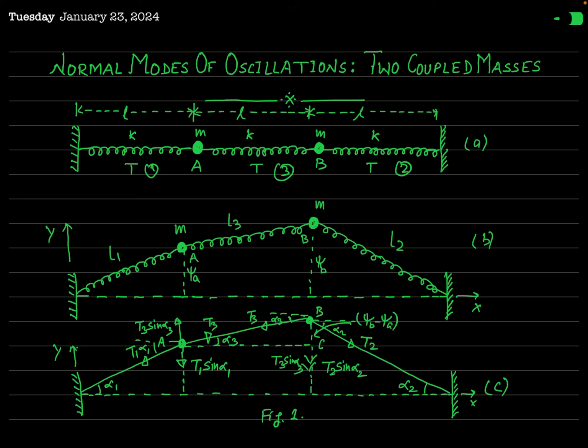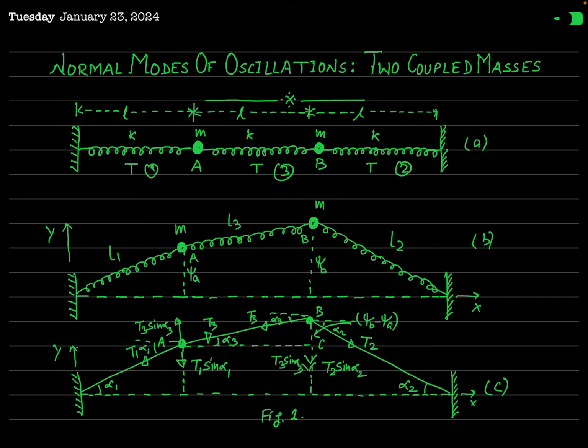Each spring has a relaxed length L0 and the spring constant equal to K. Both the masses are of equal mass, that is we consider that A and B both are equally massive and we take their masses equal to m.